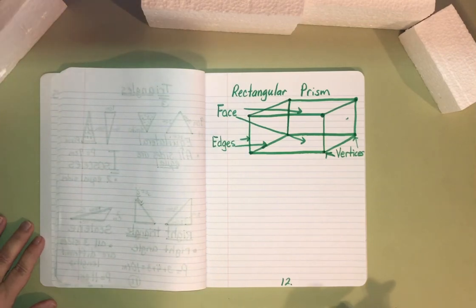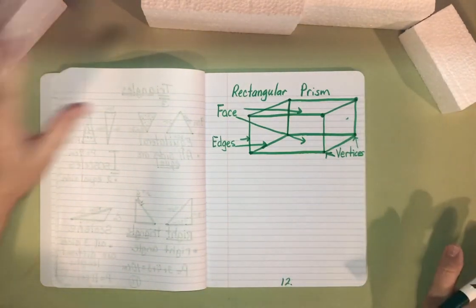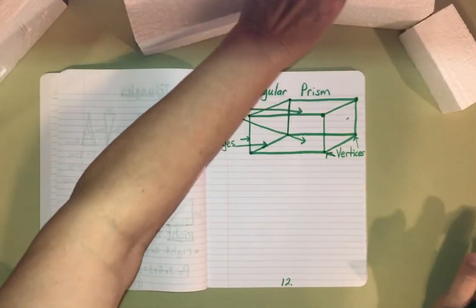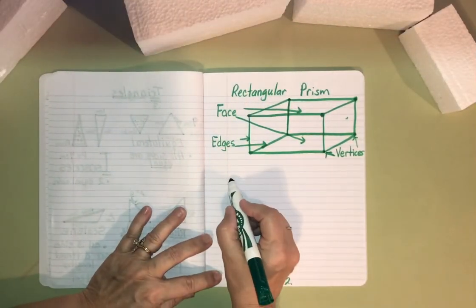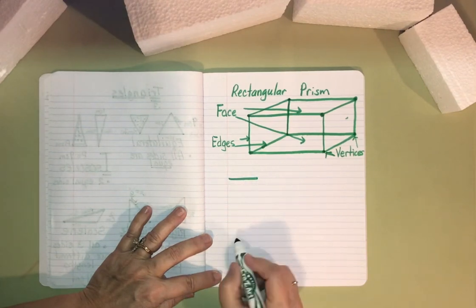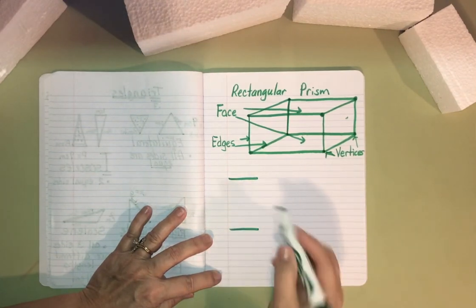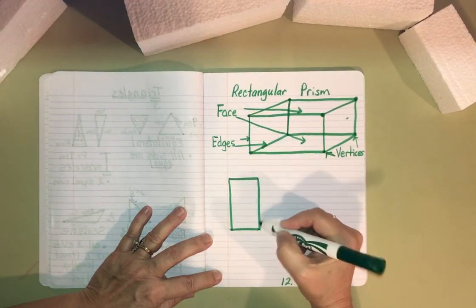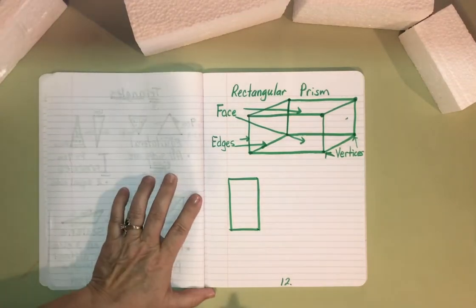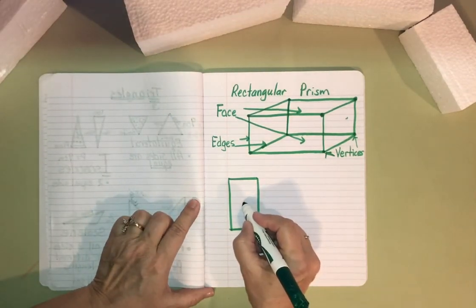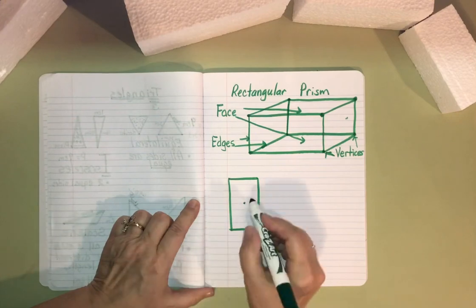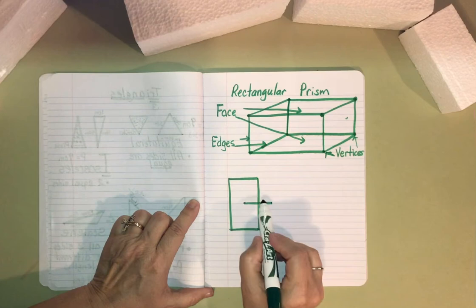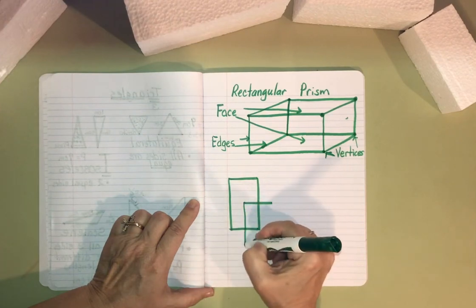All right, now that's going to come in handy when we try to figure out the attributes of a rectangular prism. All right, now, just like I showed you that they come in all different sizes, we're going to go ahead and draw another rectangular prism. And this one we're going to have our width on the top and the bottom. And our length is going to be on the sides. Okay, so it's another rectangle, and we're going to start with that dot in the middle. The point in the middle is going to tell us where we start. So I want to try to make my line the same size, same shape.